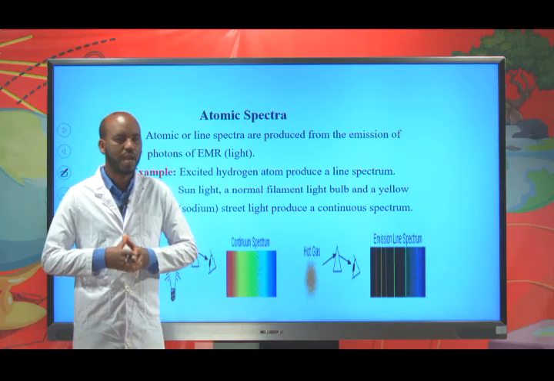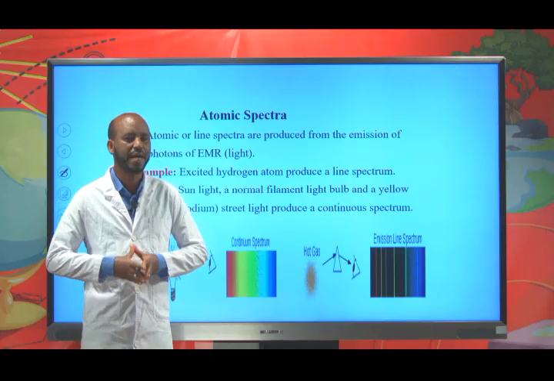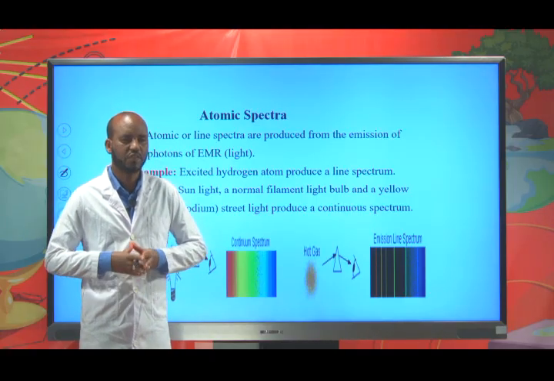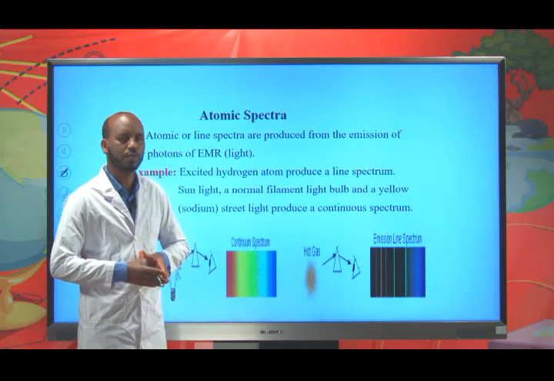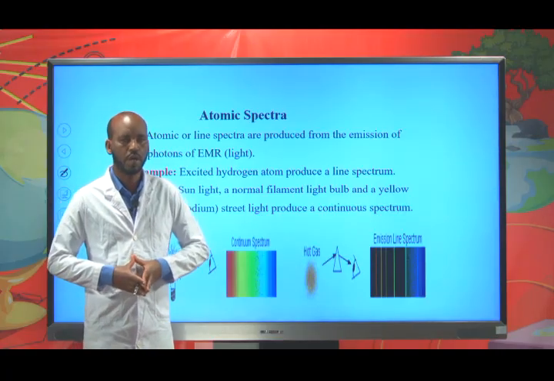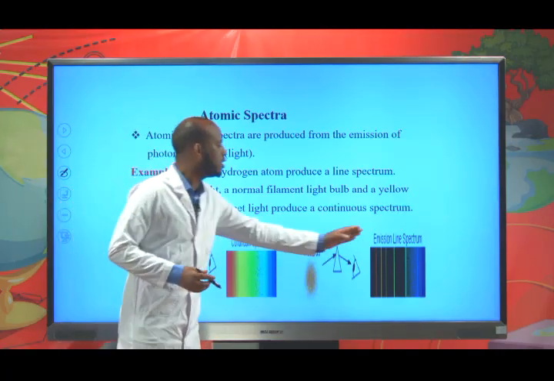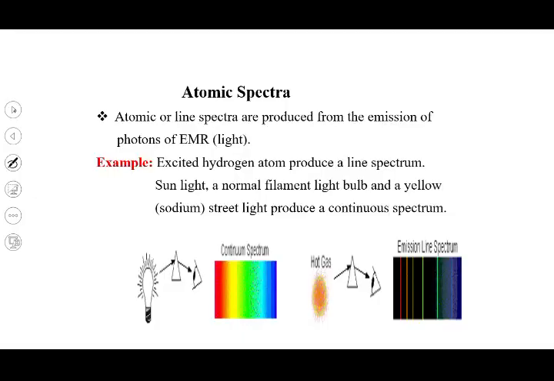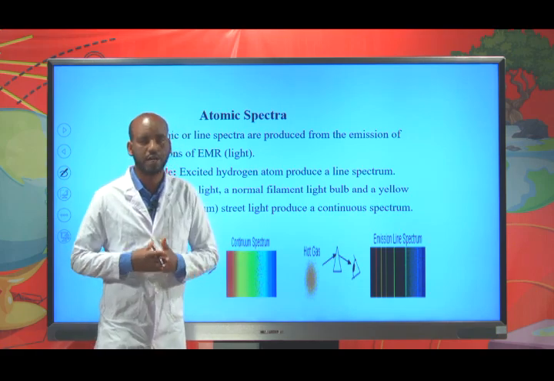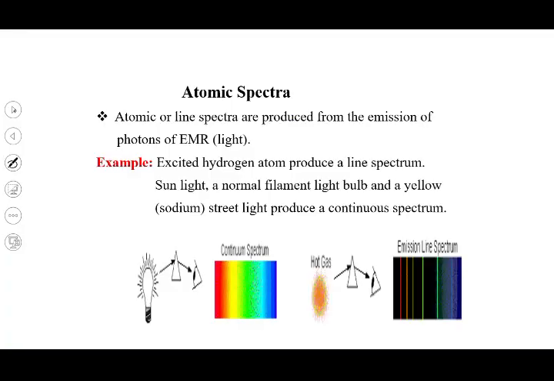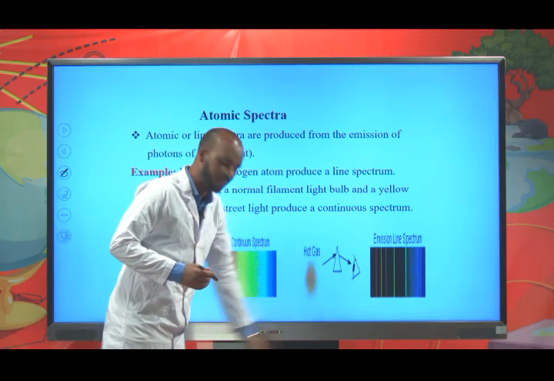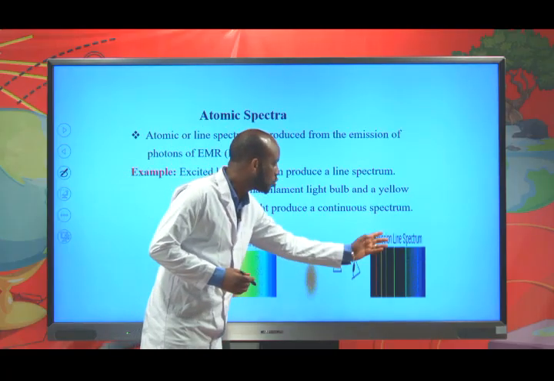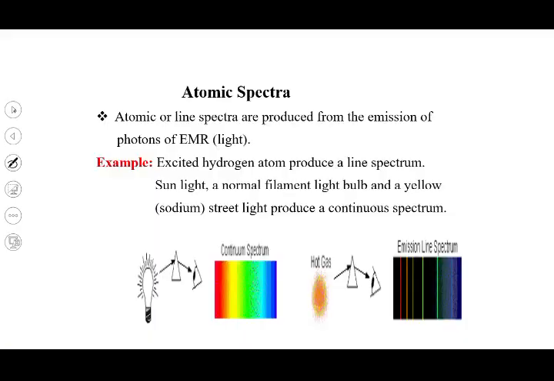Now, if this light is allowed to pass through a prism, we observe a line spectrum rather than a continuous spectrum. For example, an excited hydrogen atom produces a line spectrum. You see, this is a line spectrum or emission line spectrum.